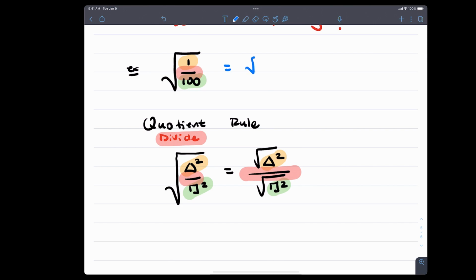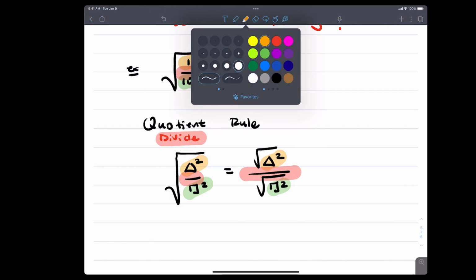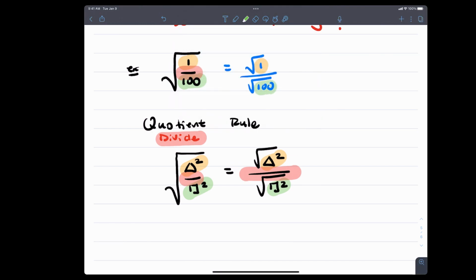So you take the square root of 1 separate from the square root of 100. Excuse me, 100. What's the square root of 1? What's the square root of 100? So, ladies and gentlemen, what's your answer? 1/10.